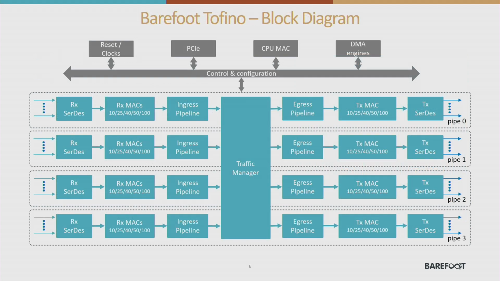So Tofino has 4 pipes. Processing in each pipe starts with input SerDes, receive SerDes, and then processing goes through a MAC layer, which is something that you have to do for any Ethernet connected port. Then it goes through an ingress pipeline, which is the part that I'm going to cover in detail.